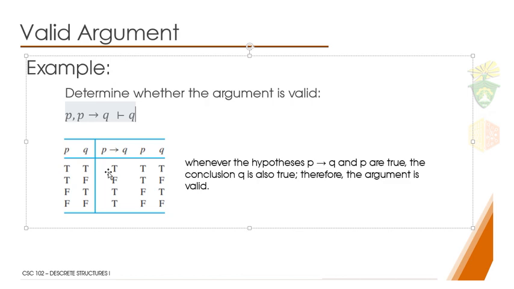If, for example, we get true for the premises but the conclusion in the last column is false, that is not a valid argument anymore.